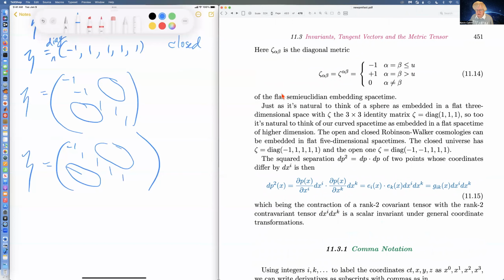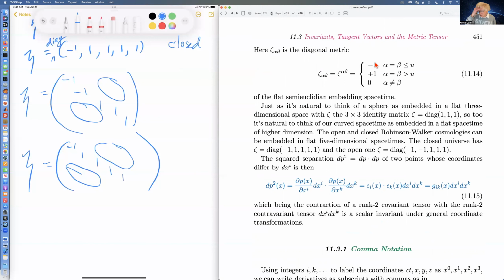And this is said to be the semi-Euclidean, meaning you have some minus signs. So some of these dimensions are time dimensions, in other words. By the way, it might be fun, and it is fun actually, to think about a spacetime in which you have two time dimensions.